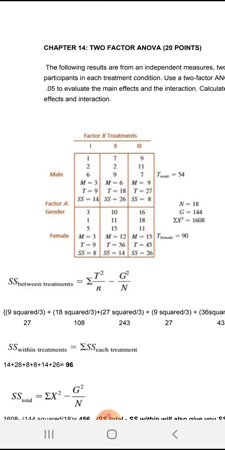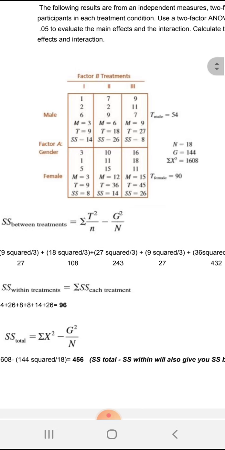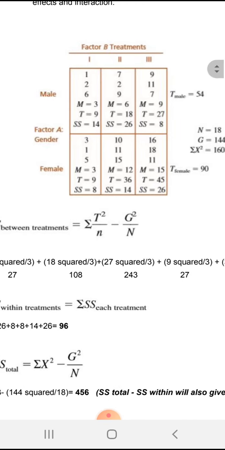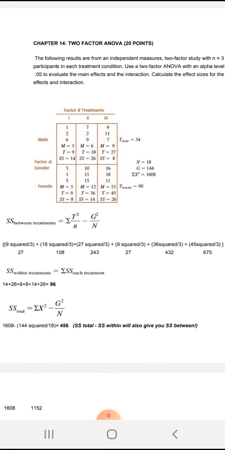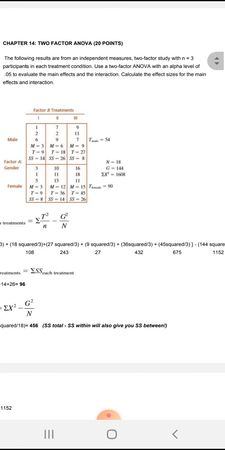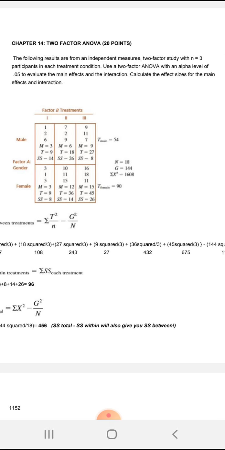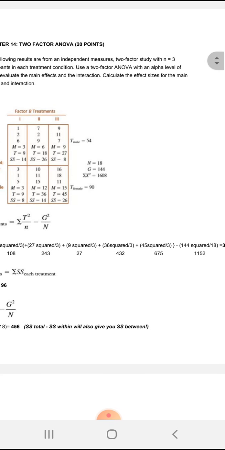Okay, so the first step is sum of squares between treatments. The formula is the sum of T squared divided by n, minus G squared over N. So that is the sum of each T squared divided by n per group. As you can see in the work, 9 squared divided by 3, 18 squared divided by 3, 27 squared divided by 3, 9 squared divided by 3, 36 squared divided by 3, and 45 squared divided by 3.